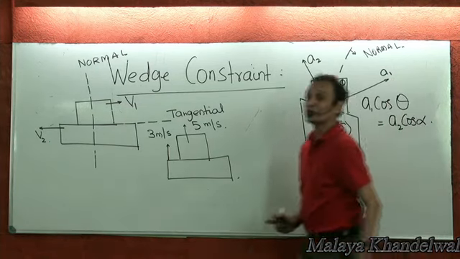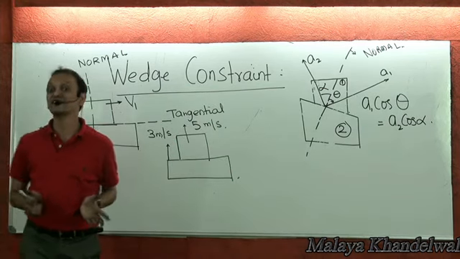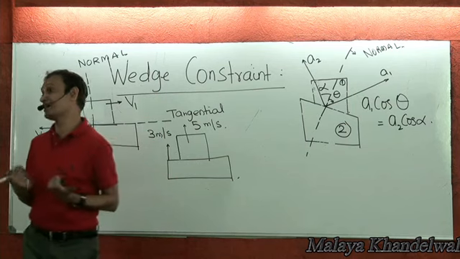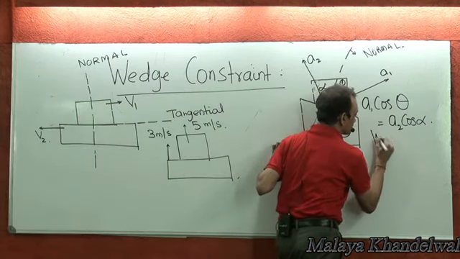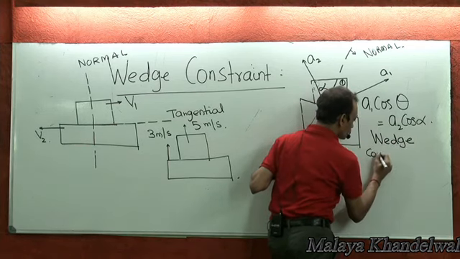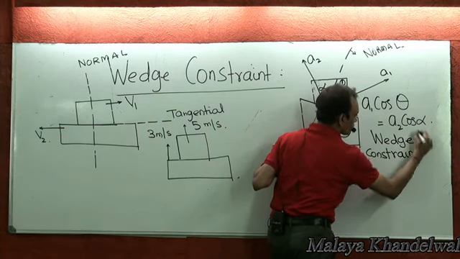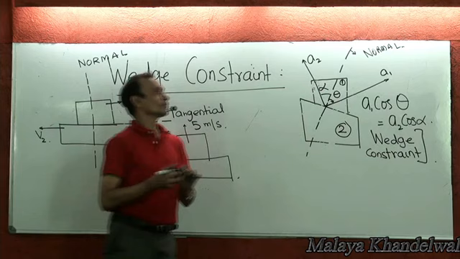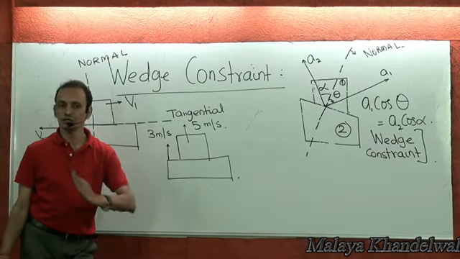This then would be my wedge constraint. And whatever I've done with accelerations, I could have done with velocities. So a1 cos theta is a2 cos alpha. That's the wedge constraint.